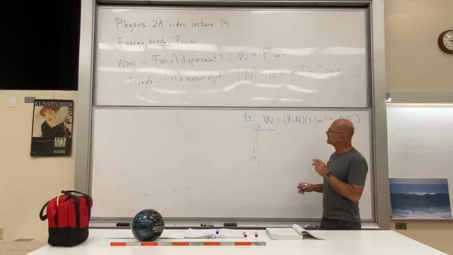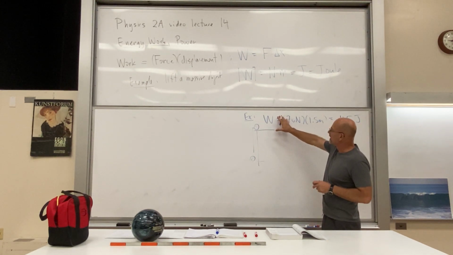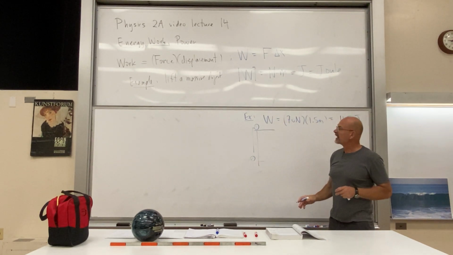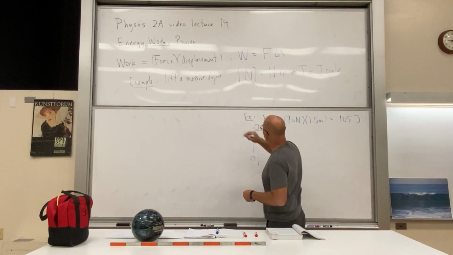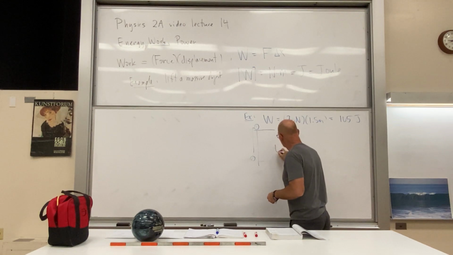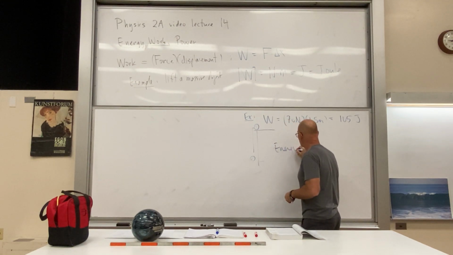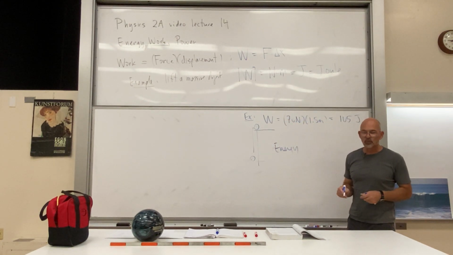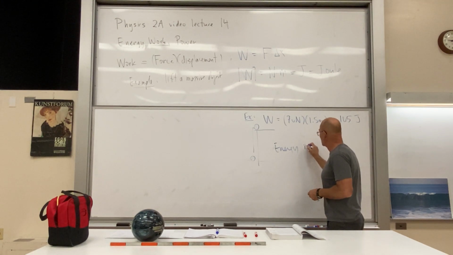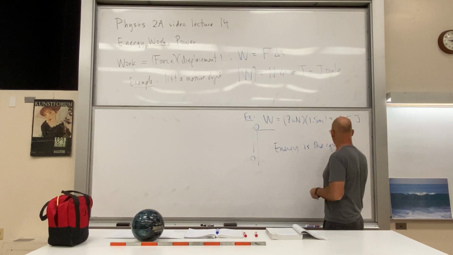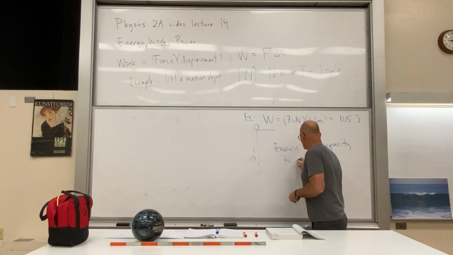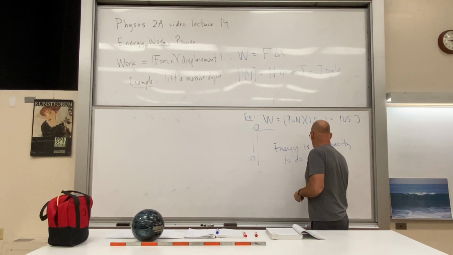Now before I even talk more about work, I do want to bring in the energy concept right away, because we're still on energy, work, and power. Energy is the capacity to do work. Right now we're still just talking about mechanical work, capacity to do work.